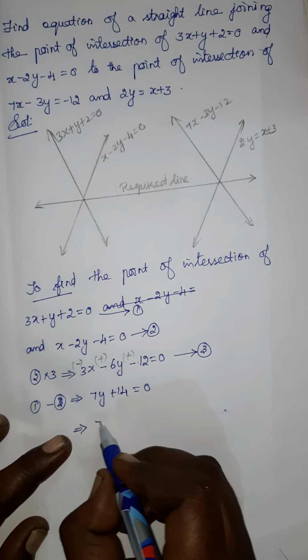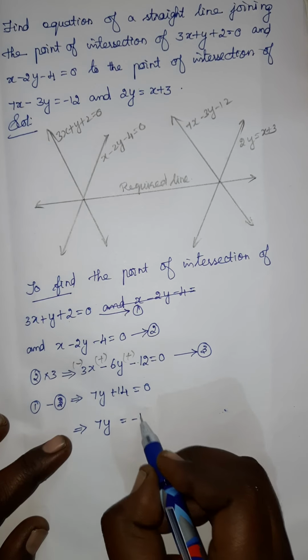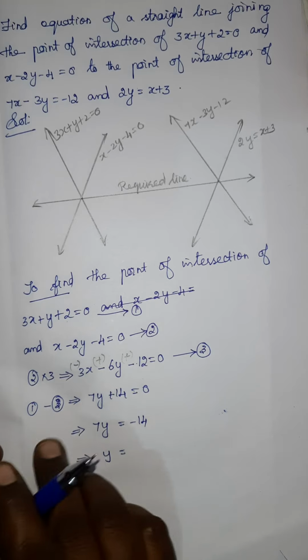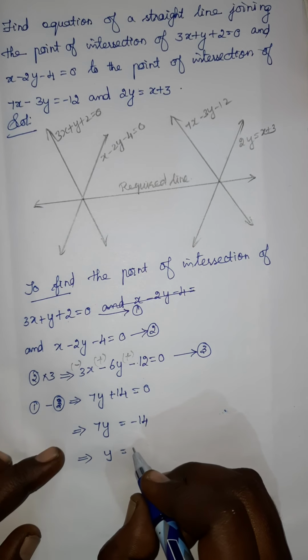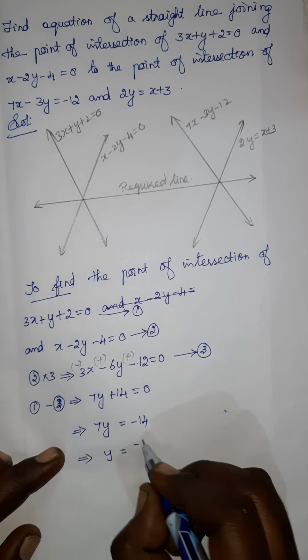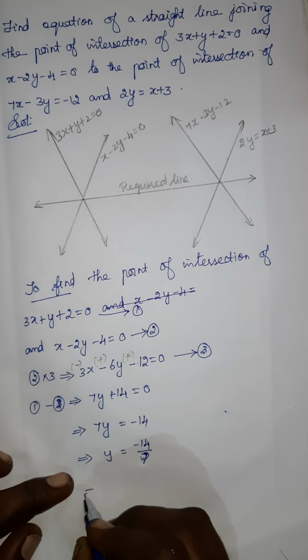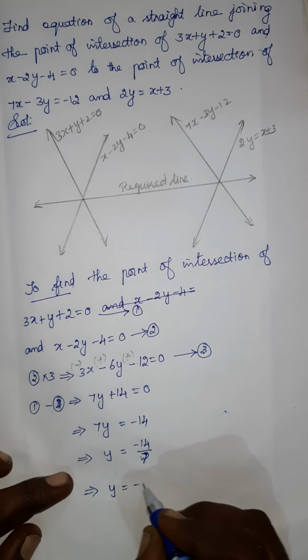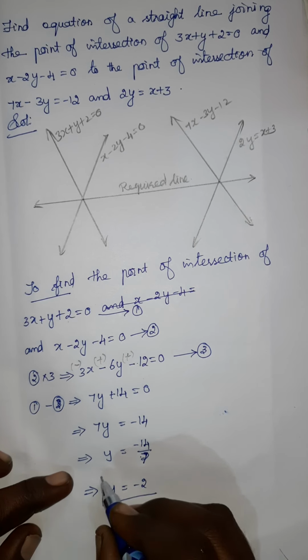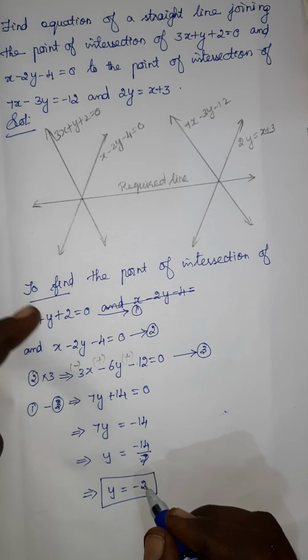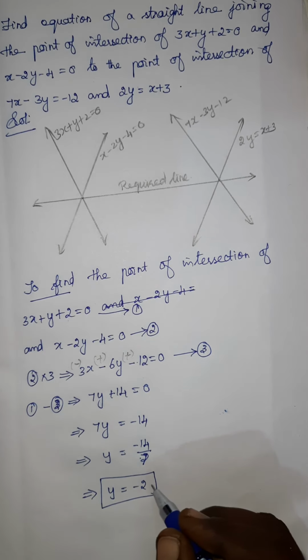So what is the y value? 7y is equal to minus 14, and y is equal to minus 14 by 7, it is minus 2. Okay. So you get the value of y. This y value you can substitute in any one of these 2 equations, and you will get the x value.